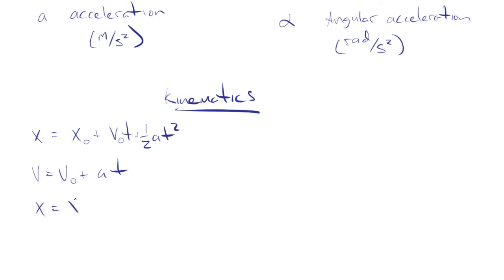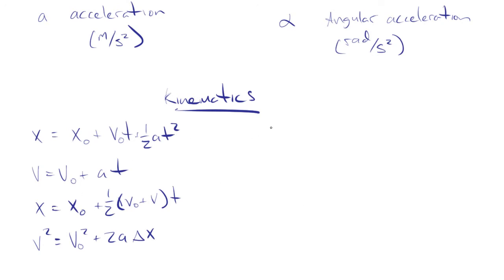This one, x naught plus 1/2 (v naught plus v) times time, and then finally v squared equals v naught squared plus 2a delta x. Those are our translational kinematic equations.